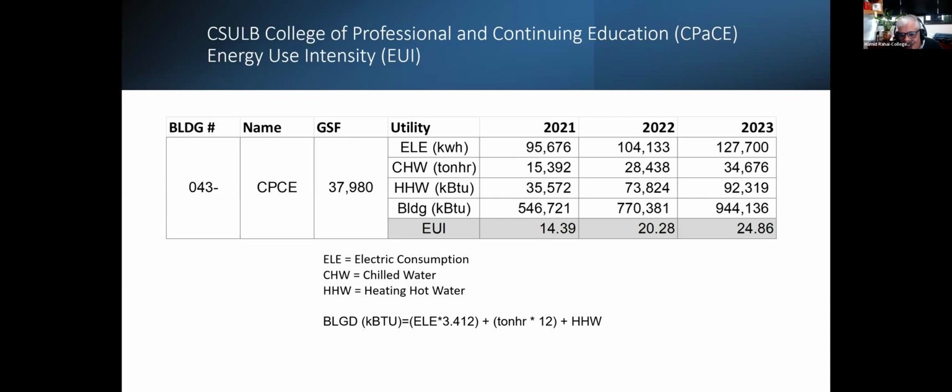So the way to assess any design based on expected usage is to look at the energy use intensity and then divide that by the total square footage of the building. And that gives you an idea of whether you are in compliance or you are not in compliance.